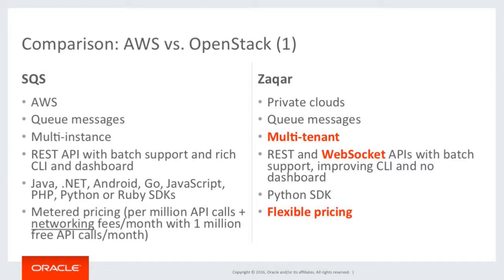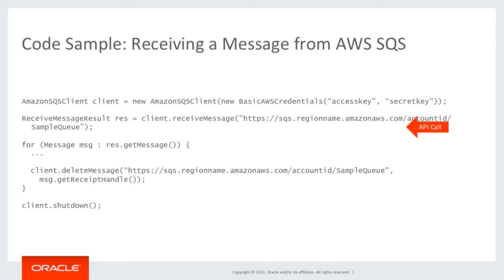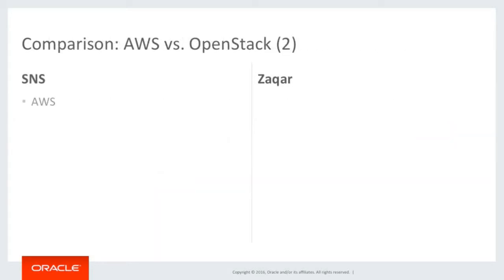Just newer generations of developers, they want samples and they want SDKs in their own languages, much more than the generations before them. So having this really helps, and AWS has that, and that's really good. So again, the code sample, it's one call to send, 2 calls to receive. Very well designed API for the cloud.